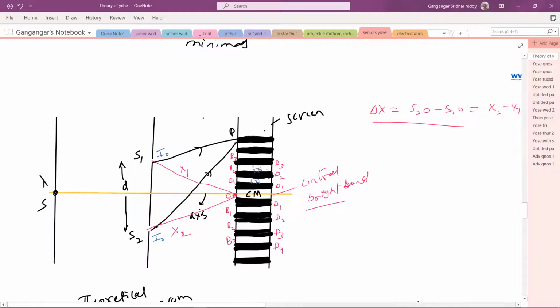All maxima will have intensity 4 I naught. What about this one? 0 intensity.